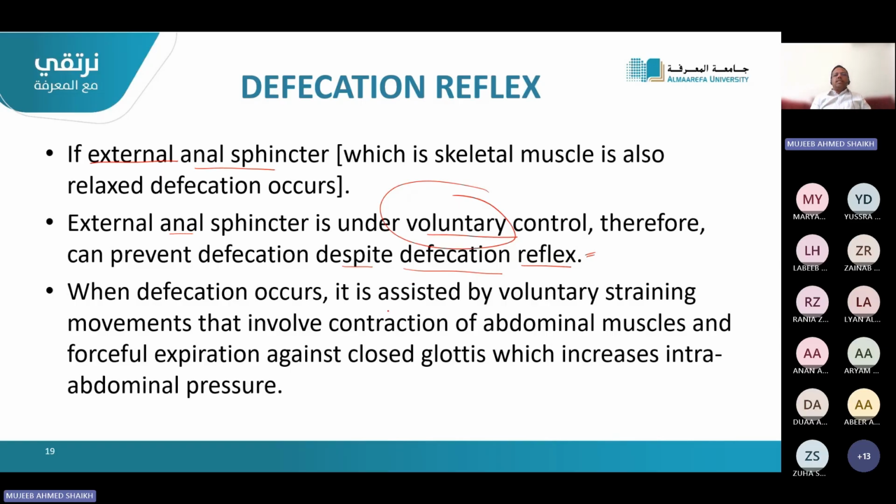When he finds a suitable place, the bathroom, then some force will be applied by contraction of the abdominal muscles, deep and forceful expiration against the closed glottis, so that intra-abdominal pressure will increase and it will lead to passage of the stool. At that time he will voluntarily relax the external sphincter, and the feces will come out. This is the defecation reflex.